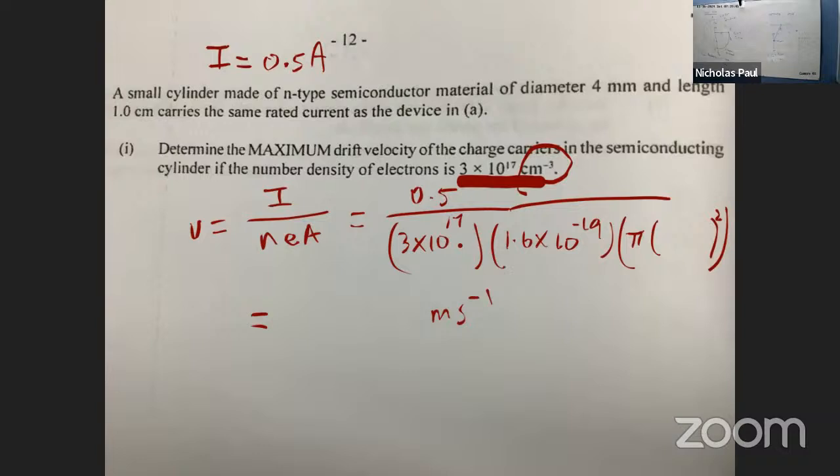So we can just convert the 4 millimeters, radius is 2 millimeters. 2 millimeters is 0.2 centimeters, right? 2 millimeters divided by 10. So that will be 0.2 by 10 to the minus 2, right?